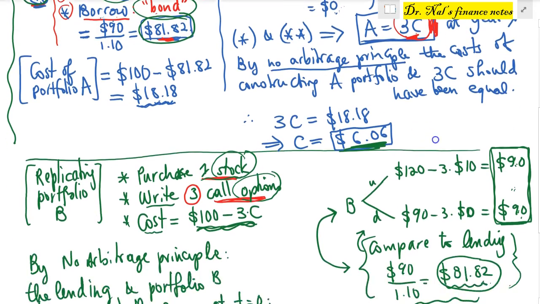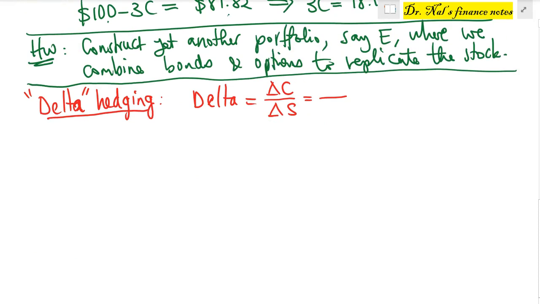So basically we can just go ahead and calculate the delta as C in the up state minus C in the down state 1 year from today, divided by U times S sub 0 minus D times S sub 0. And that's it.